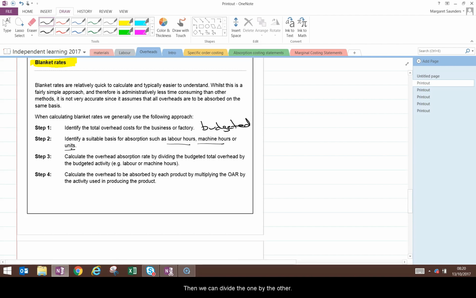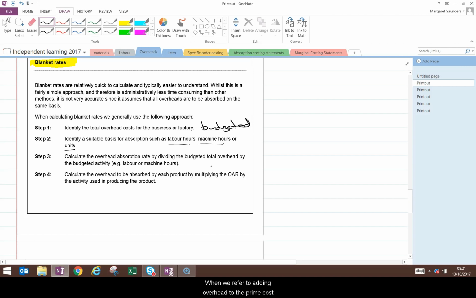Then we can divide the one by the other. So divide our overheads by our activity. That will give us the overhead absorption rate. Then we can use the overhead absorption rate to calculate how much overheads we're going to add to the prime cost.